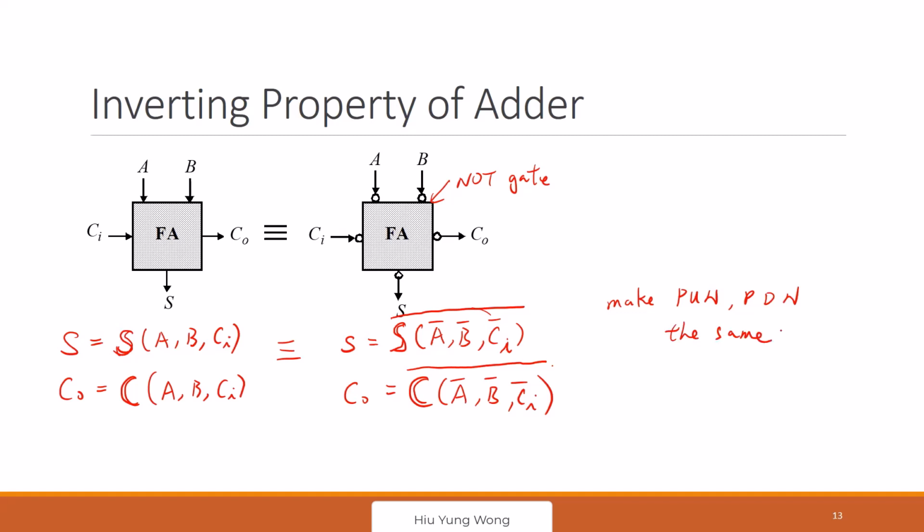When you have this inverting property, what do I mean by the same? Think about a NAND gate. When I have parallel on the top, I have series on the bottom, right? They are not the same.